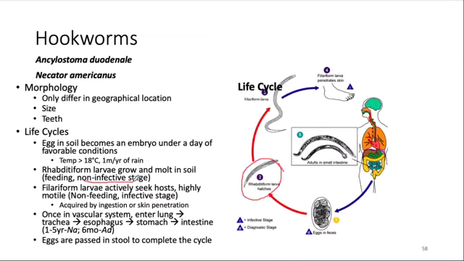And then the rhabditiform larvae will then develop into a filariform larvae. It is the filariform larvae that is infective. It is that larvae that will be able to bore through the skin and then eventually become effective to the individual. The adults will end up in the intestines, where they will mature and where the eggs will be released and shed into the environment, and then the cycle continues.